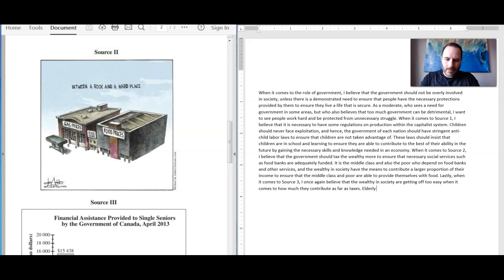Elderly people are an important sector of society, and we need to ensure they are protected and cared for. It is incredibly difficult to make ends meet on such a low income.